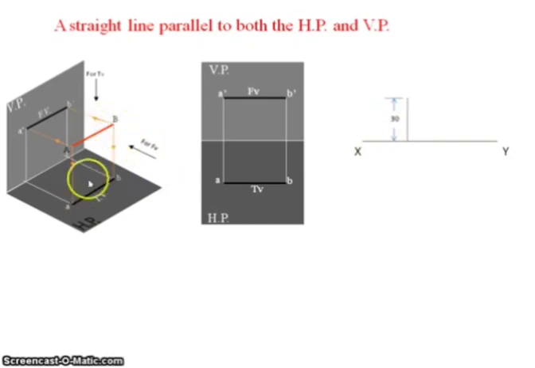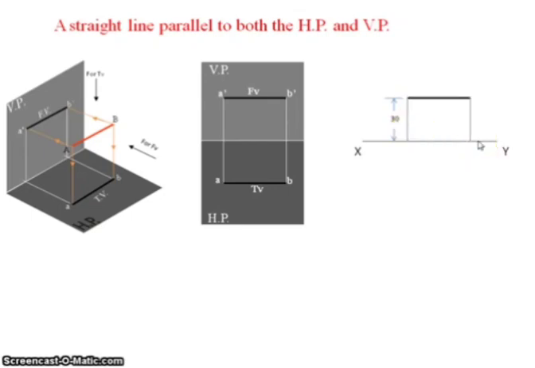The distance between these two projection lines is equal to the length of the straight line. So if the length of the straight line is given as 50 mm, then locate the other projection line of height 30 mm at a distance of 50 mm, that is the length of the straight line.